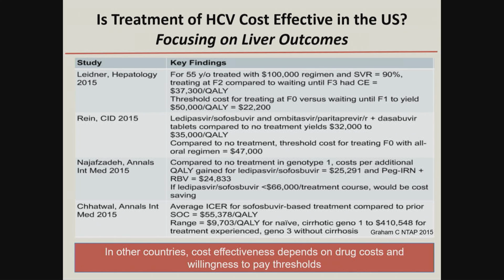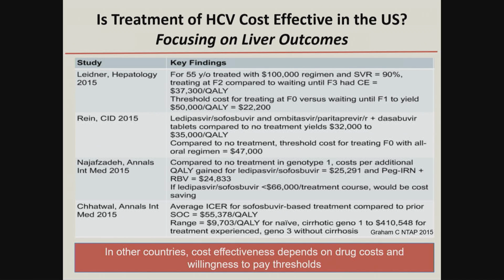Of course, the cost effectiveness of any regimen will depend on the cost of the drug and also the willingness-to-pay threshold, which could be different from one country to another. In general, there are different rules for willingness to pay or ICER thresholds. It could be somewhere between 3 to 5 times the GDP of any country.